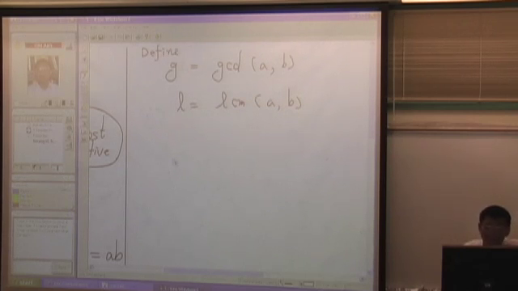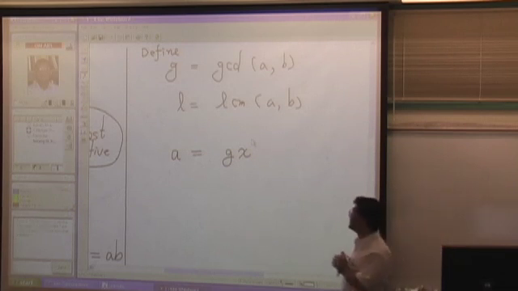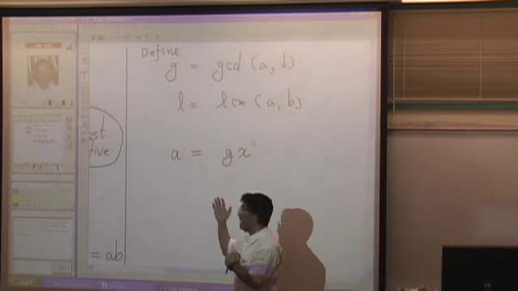Then we can write A using the divisor. A is divided by G because it's the common divisor. So G is a divisor of A, so A equals G times some number, say X. And all the numbers that we handle here are integers. Any questions?